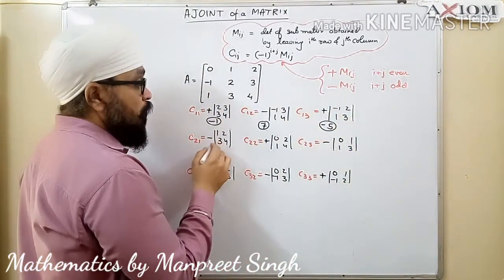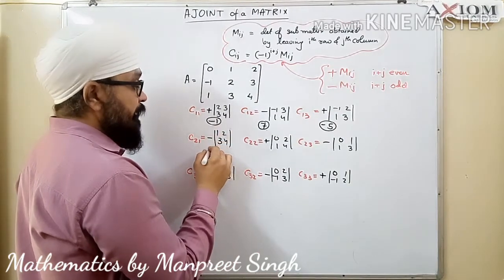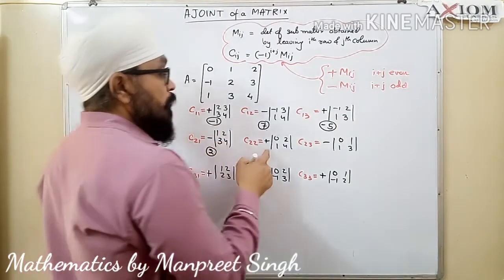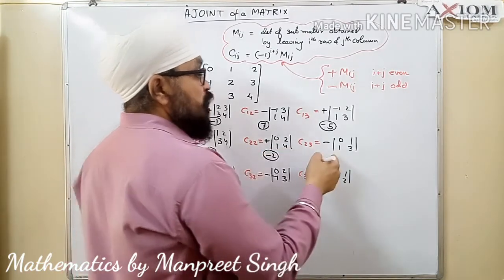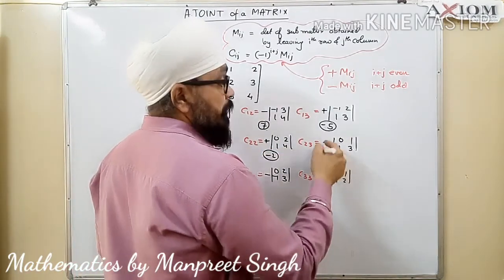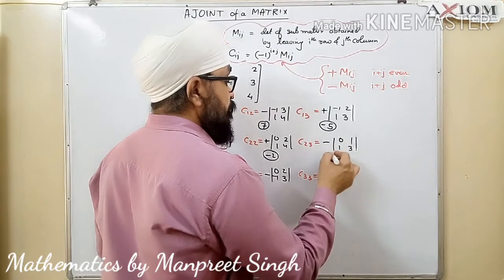Then this one is 4 -6 -2, already minus is there, so +2. For this one it is 0 -2. If you say this one it is 0 -1, already minus is there, so +1.